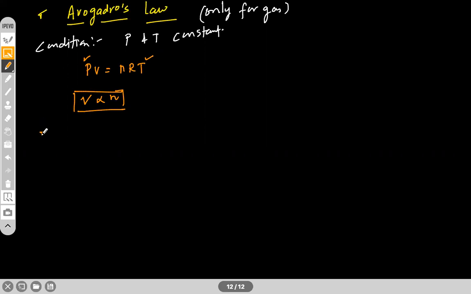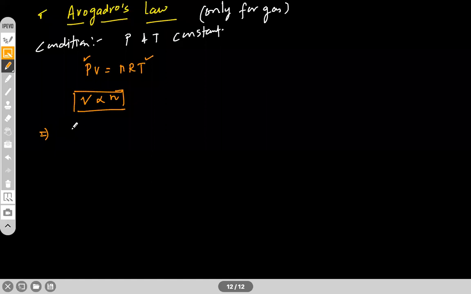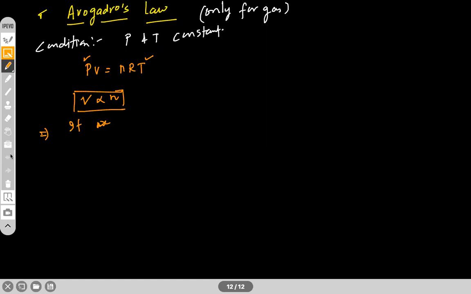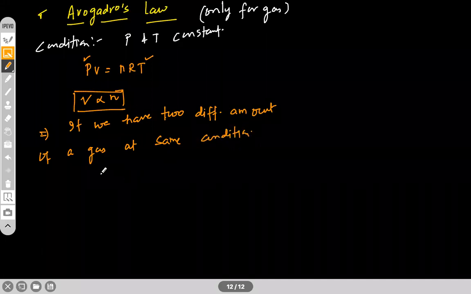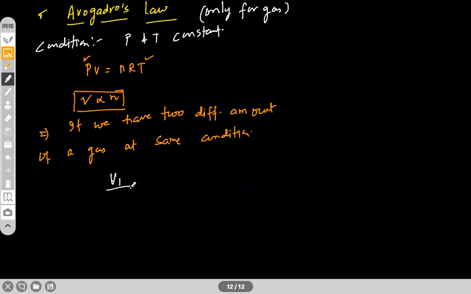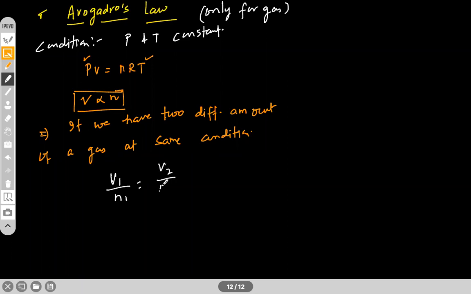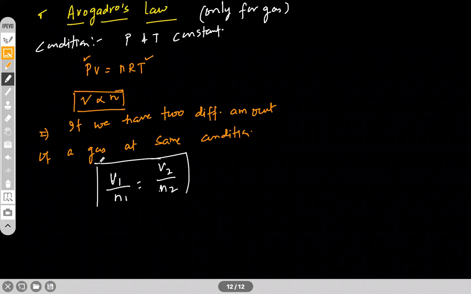Okay. So for the same gas, if you take two different amounts of a gas at the same condition, means same temperature and pressure, then what we can write, the volume occupied by the gases must have the same ratio as their number of moles.